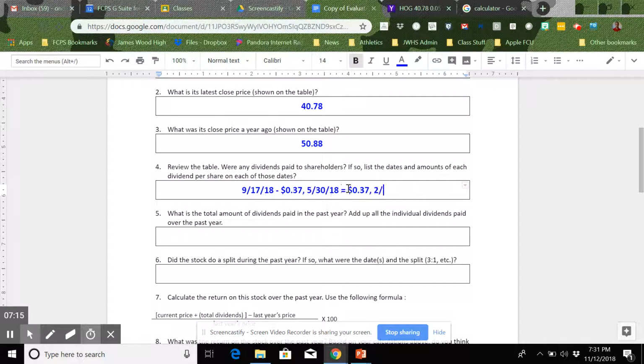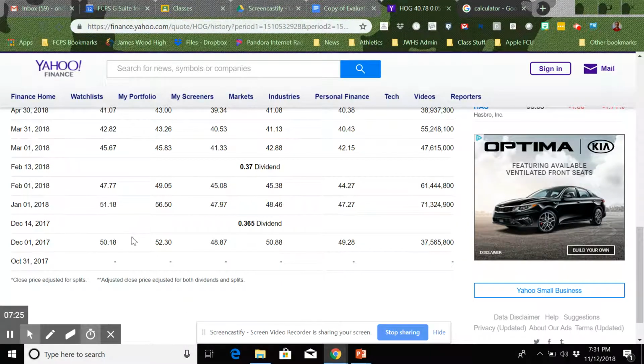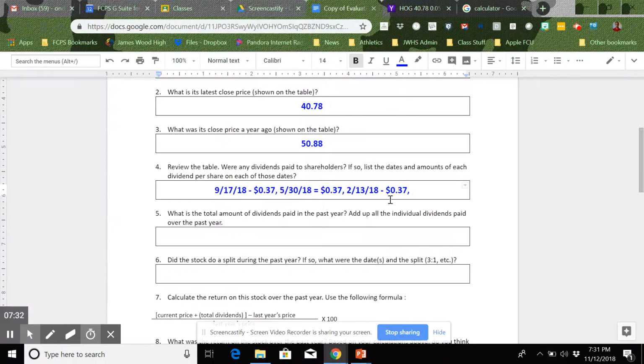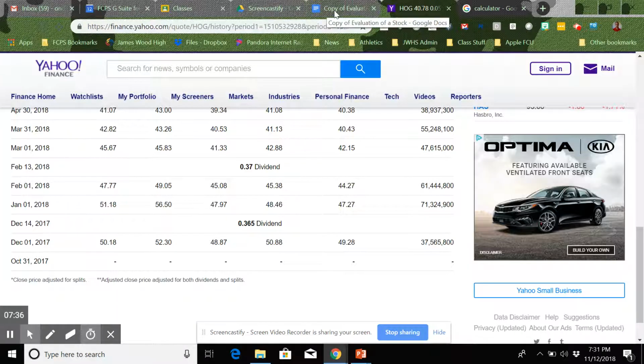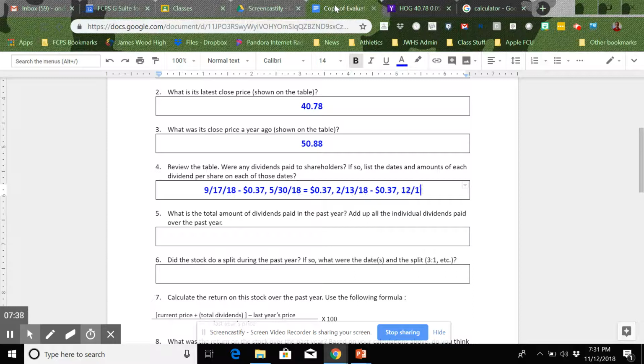Okay, so that's 2/13/18, and it was also 0.37. And then lastly, it was paid about a year ago, December 14th, and it was 36.5 cents per share. So let me put that in there. What was the date again on that? 15th? 14th. So I got 12/14/18, and it paid 0.365.